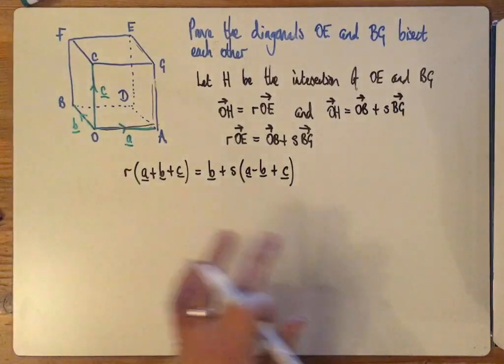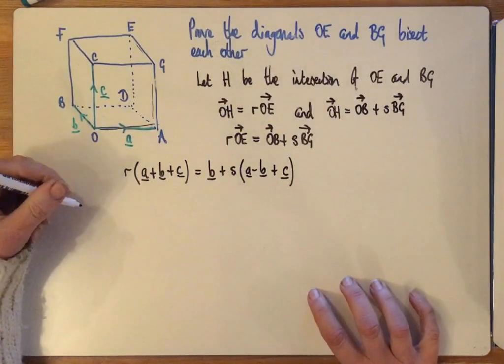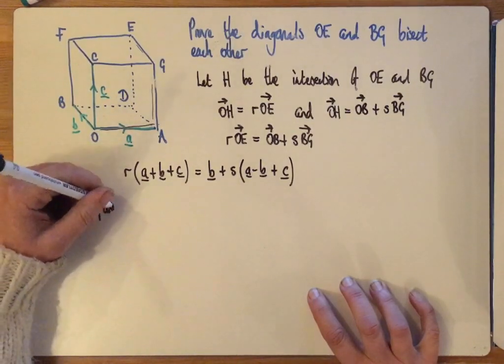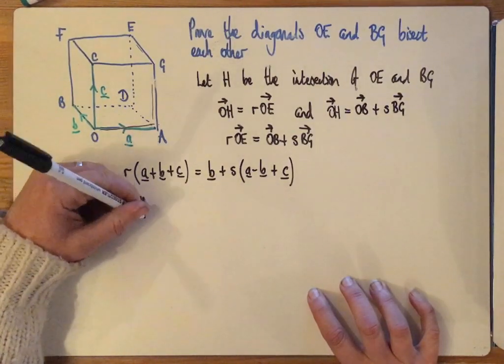And then if you compare left with right, we're going to compare coefficients. So that's the number in front of each vector.